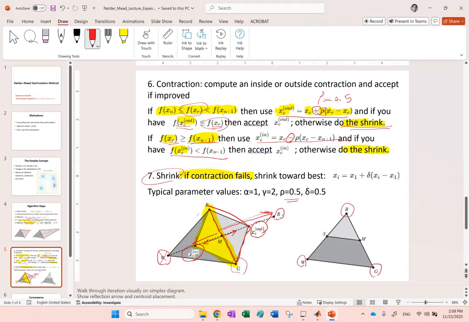What would you do? You take each and every one of the points that you had except for the best one, you move them back toward the best. So you take this good one, and along this line that connects the good to the best, you go backward in that direction. And this worst, along the line that connects it to the best, again, move this back toward the best. So W ends up at S and G ends up at M here. And this delta parameter is also typically 0.5, so it means move 50% back toward the best one. And now your triangle, instead of this big one, is going to be this smaller one here.